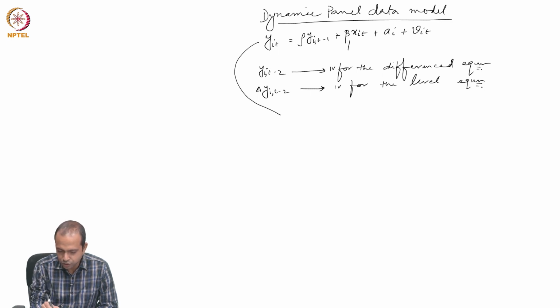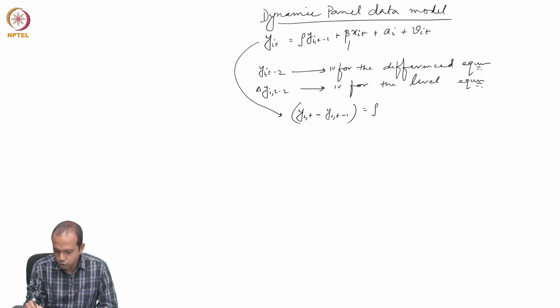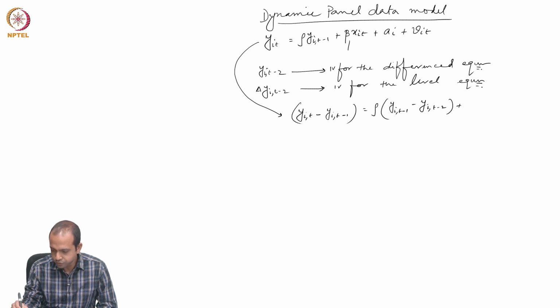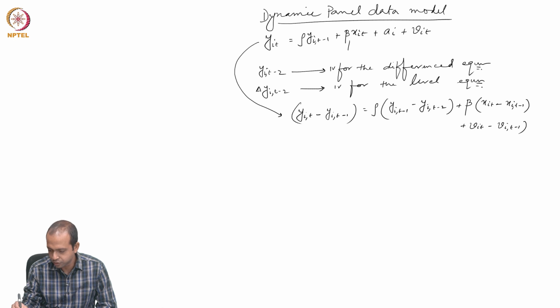And the equations are written in this way: yit equals rho yit minus 1 plus beta xit plus vit. And the difference equation: yit minus yit minus 1 equals rho times yit minus 1 minus yit minus 2 plus beta times xit minus xit minus 1 plus vit minus vit minus 1.